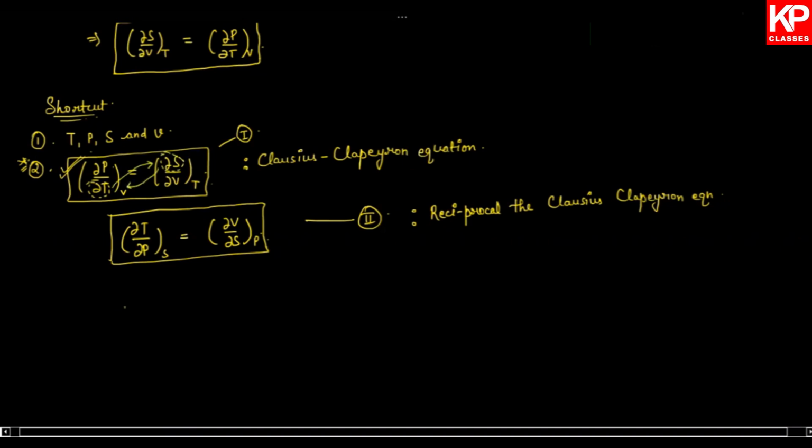So the third relation you can directly obtain: del P by del S is equal to del T by del V, and this is at constant volume, and this is at constant entropy. One thing that you have to note over here is that whenever it is in del P by del S or del S by del P form, it will be indicated with a negative sign.